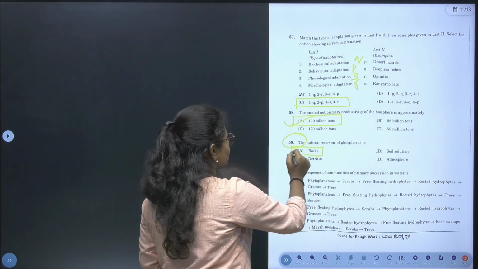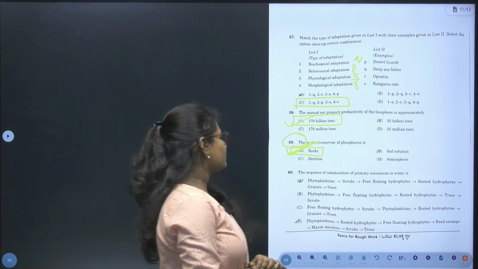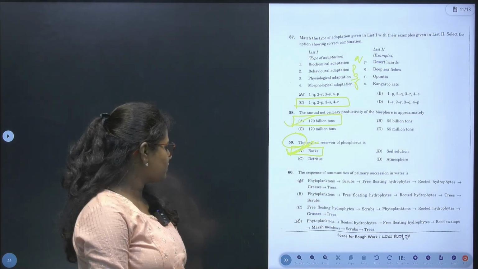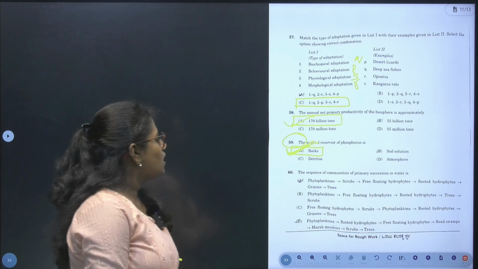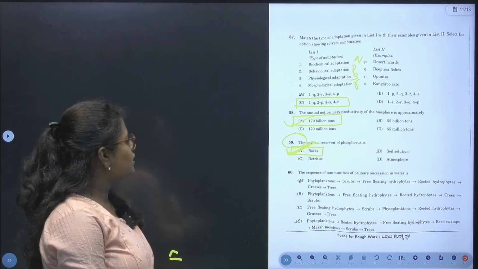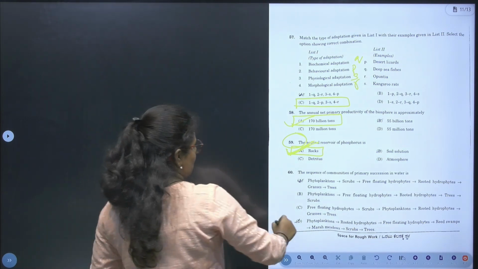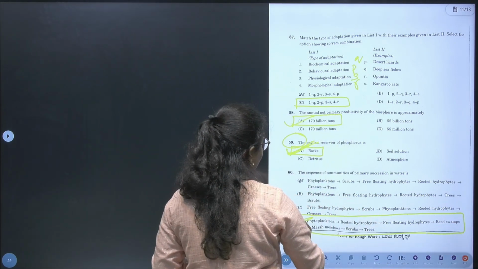A is the correct statement. Last question we have, the sequence of communities of primary succession in water is, we have phytoplanktons followed by rooted hydrophytes, free floating hydrophytes, reed swamps, marsh meadows, scrub, trees, which later on is followed by forest. So D here is the correct option.